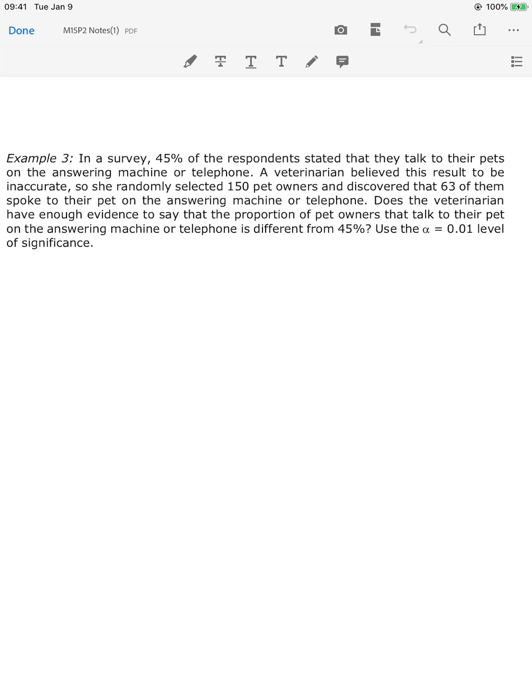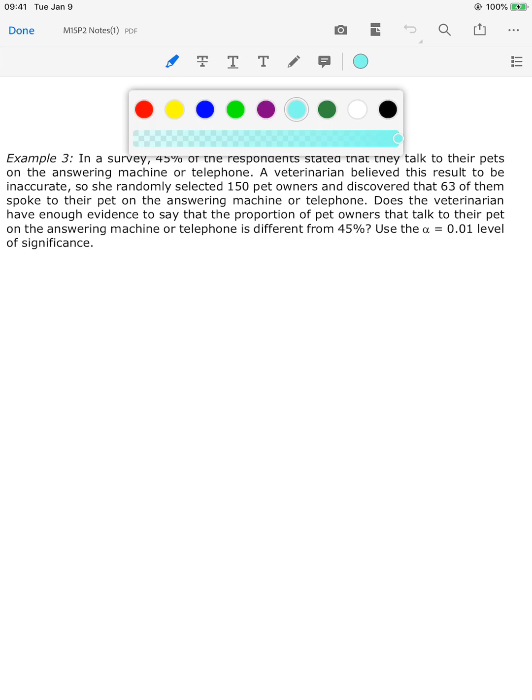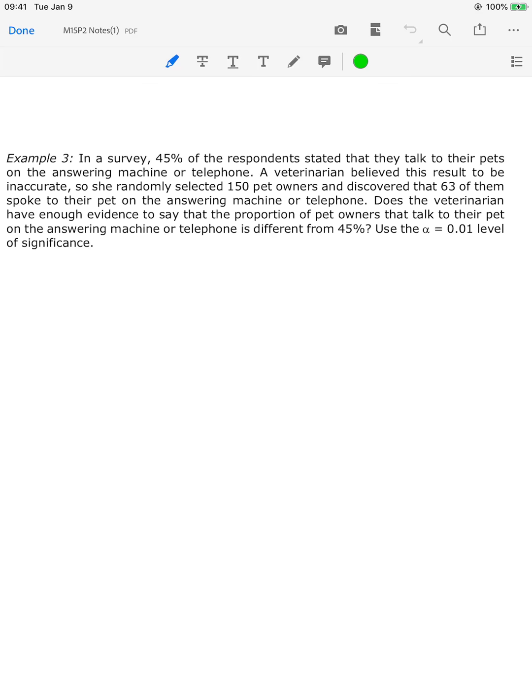All right. So use alpha equals 0.01 level of significance. So highlight important information in this problem. 45% of respondents stated that they talked to their pets.